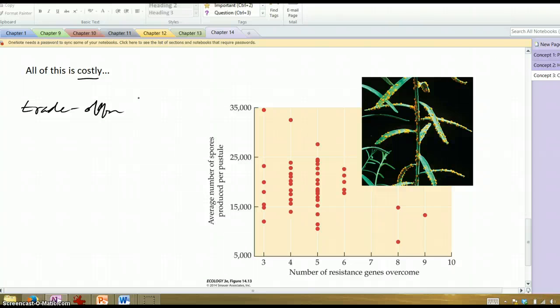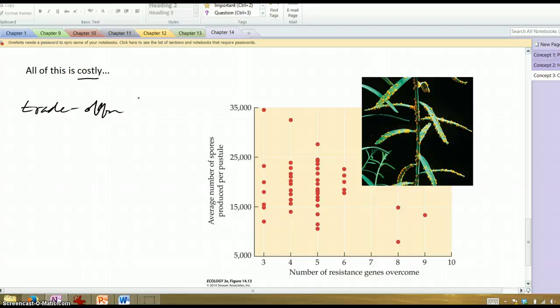A host that develops an adaptation against some particular compound, for example, biochemical, some compound that allows them to battle that pathogen, it's not necessarily free to produce that compound. That is, there's a physiological cost of producing that compound, and so that can decrease, for example, the ability of that organism to reproduce. So they're more resistant to the pathogen, but yet they reproduce at a lower rate. And so, again, that resistance, that ability to fight the pathogen, comes at a cost.